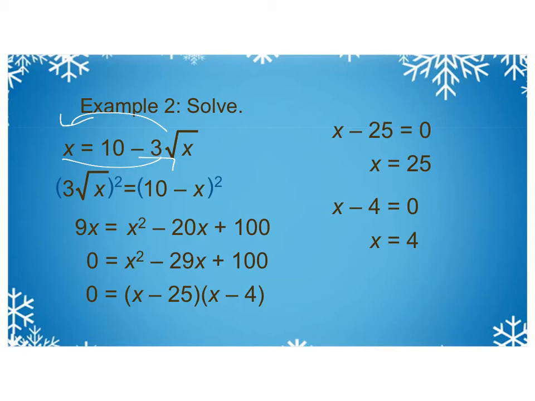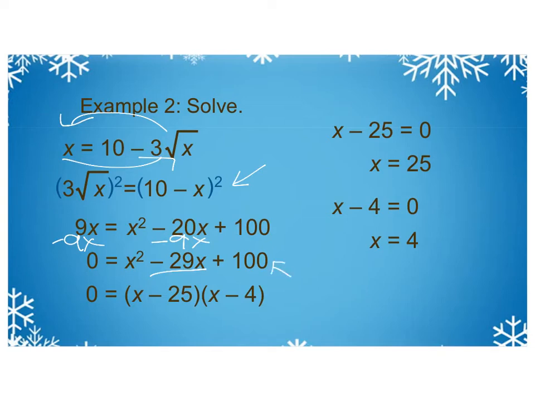Okay, so now I've got a 9x. All right, so I'm going to subtract that 9x. That's where the negative 29x comes from. All right, and remember, when I square this, I FOIL, I get 3 terms every time. All right, so I got my 3 terms. I subtract the 9x. Now I factor.